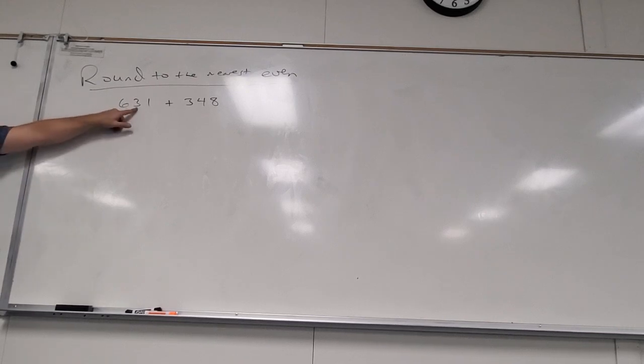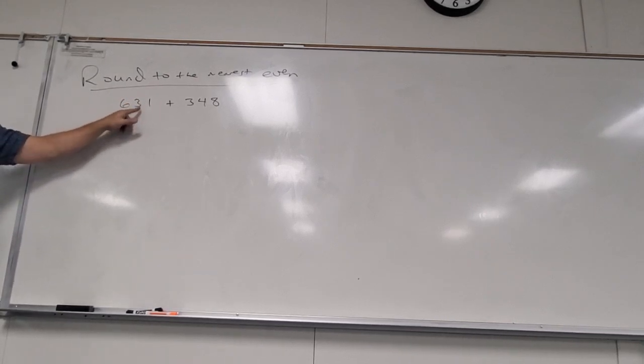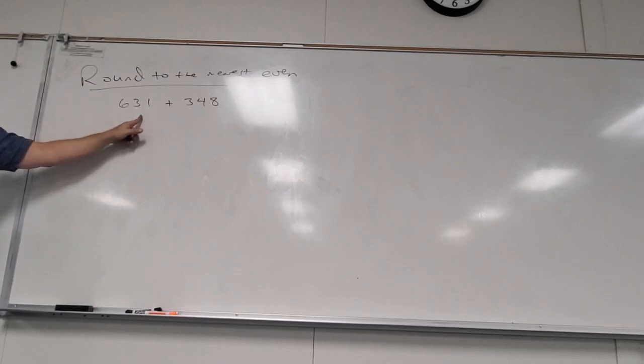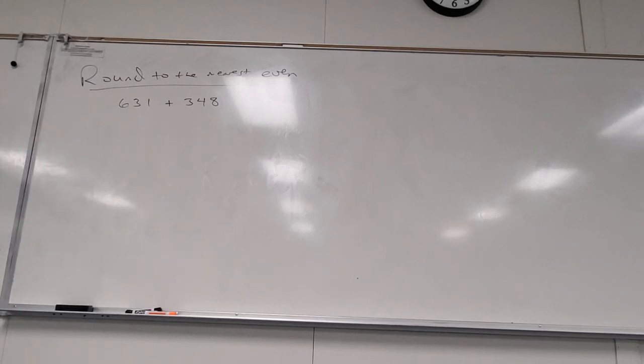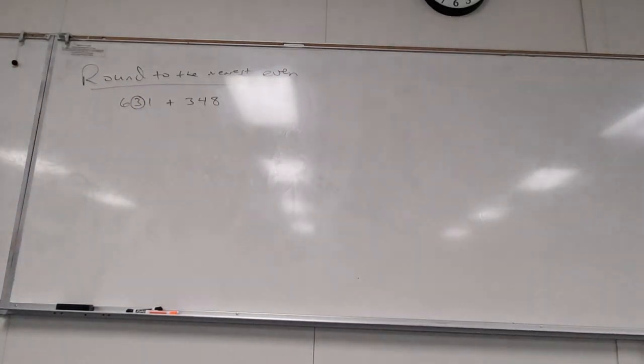What's the closest even tens place to 631? It's either going to be 620 or 640, correct? When I'm saying even, I mean this digit has got to be an even number.